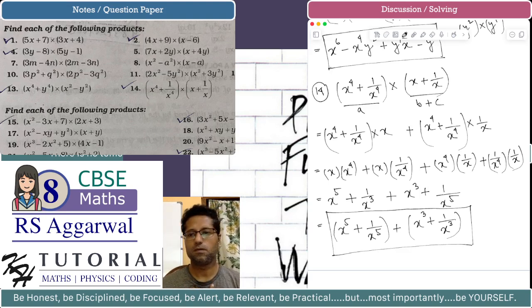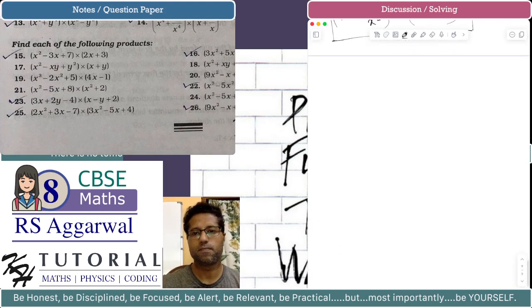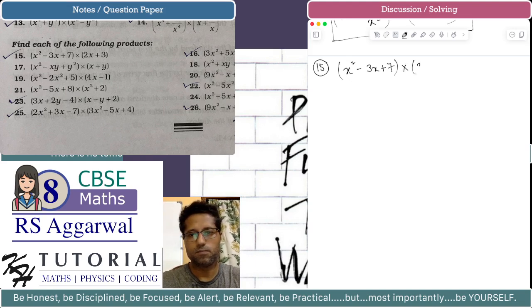Okay, let's do problem number 15. Now these are all products of two polynomials, that is, two algebraic expressions. They could be a binomial and a polynomial, or even two polynomials. x square minus 3x plus 7 multiplied by 2x plus 3.